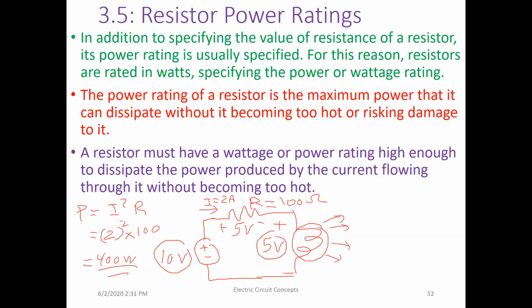So when I buy a resistance of 100 ohms, I should also specify the power rating of that resistance, which is 400 watts.